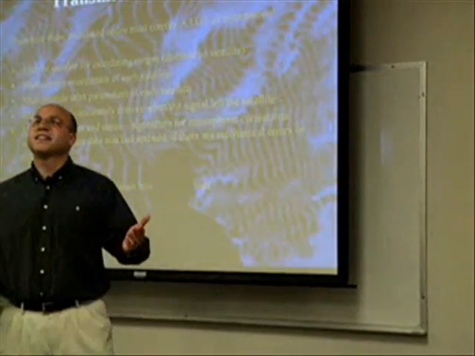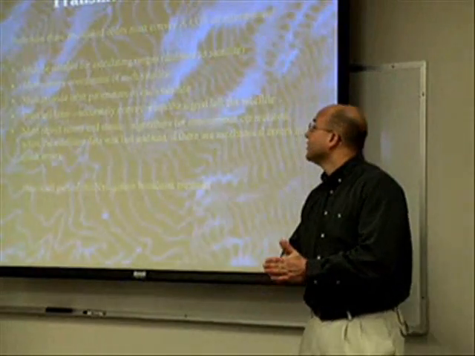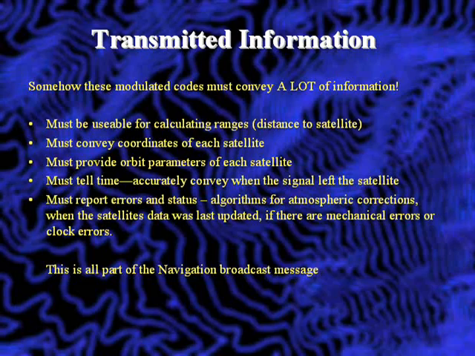What is that signal or message actually used for? Well, a lot of different things. The main reason why we use GPS is that it must be usable for calculating ranges or distance. We'll see how that's based on time in a minute. We need to know where the satellites are, and where they were and where they are going, basically the orbital plane. That's another key piece of information. Then time.